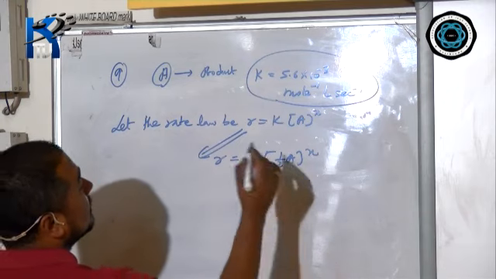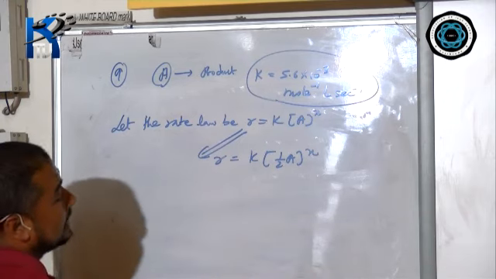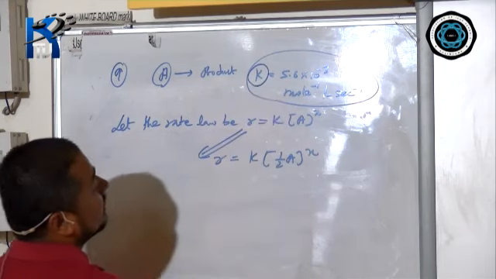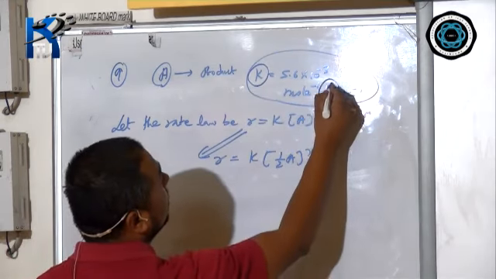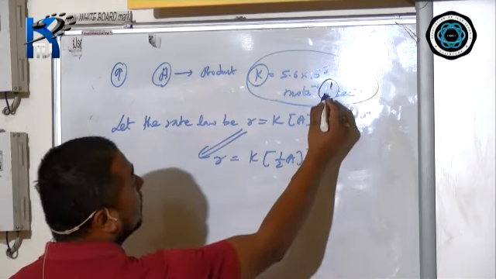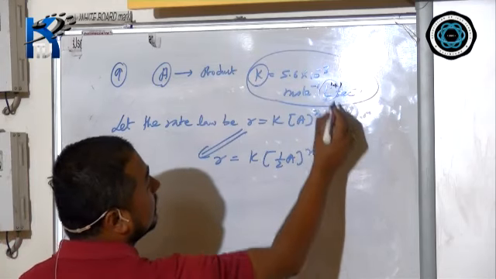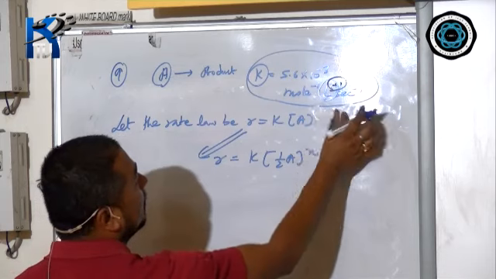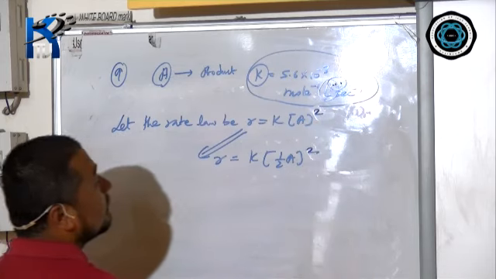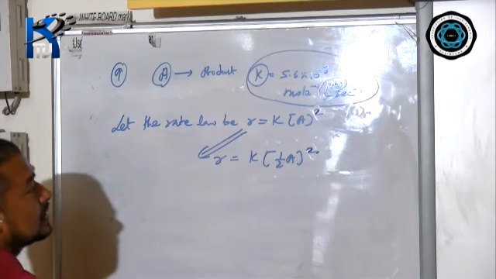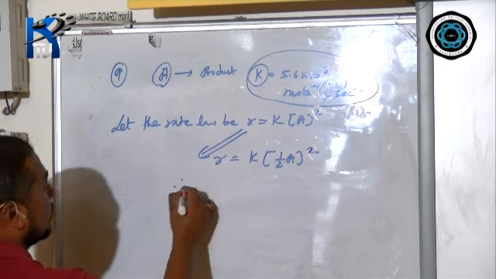So students, sometimes order may not be given directly. From the unit of rate constant you get the order. So if you see the power of the liter out here is 1. So if the power of the liter is 1, you have to add 1. So it becomes second order. So power will be 2 out here. So students, do remember, if order is not given directly, this is how you are going to find it, from the unit of rate constant.